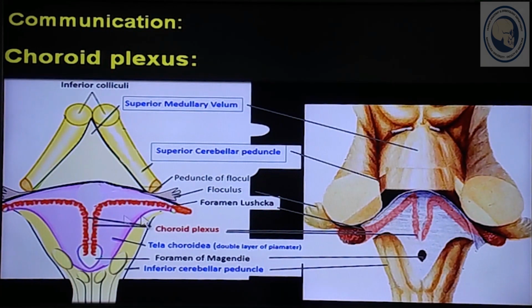It has 2 limbs, and the limbs project through the lateral angle of the 4th ventricle into the subarachnoid space, because the lateral angle is perforated by the foramina of Luschka, and through these foramina, the limbs of the choroid plexus project into the subarachnoid space. Here is the rhomboidal shaped 4th ventricle. Here is the T-shaped choroid plexus attached to the inner surface of the roof.